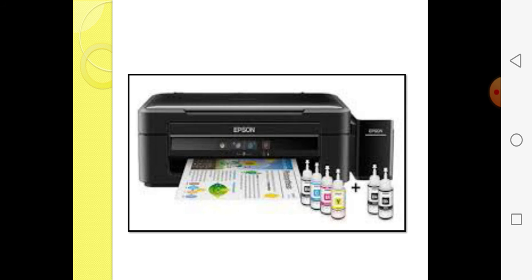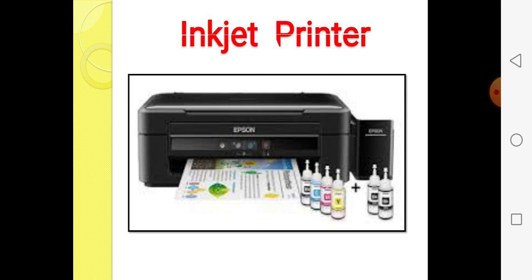And see, here I put one picture of an inkjet printer. We have to insert ink in this printer and then it works. The speed of this printer is given in lines per minute. Nowadays there are color printers and black and white printers, both working.